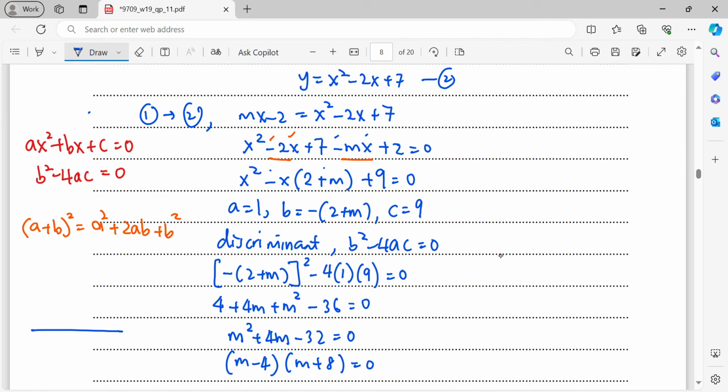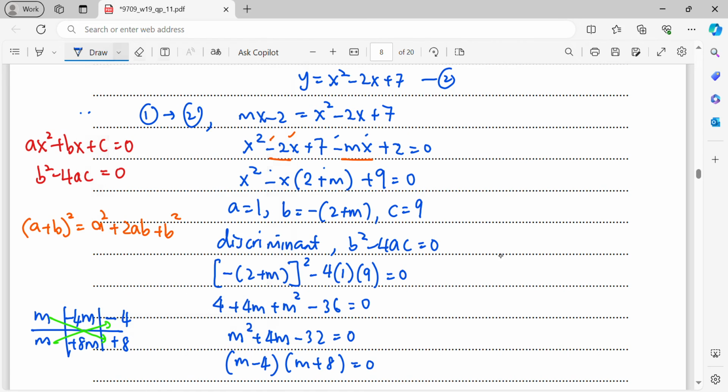Using this method, plus and minus is minus, so this is minus and plus. Use the same method for all the factorization. Then after that, just cross multiply.